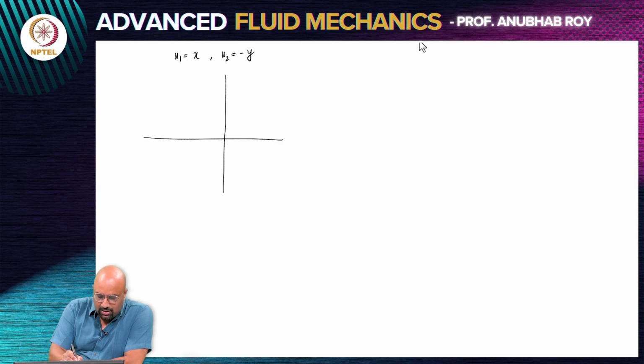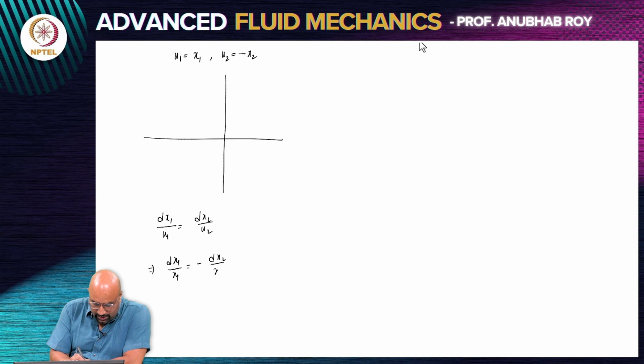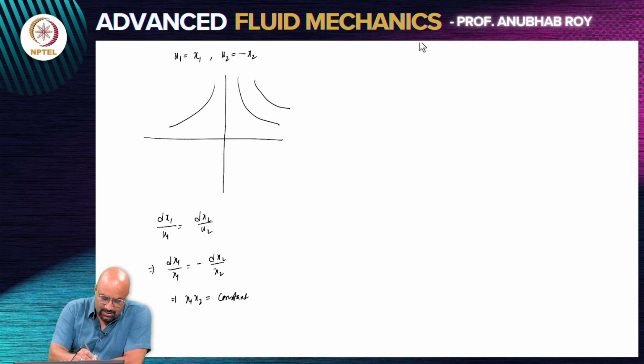When we worked out the pathline equation, we had dx1 by u1 equals dx2 by u2, and then we got dx1 by x1 is minus dx2 by x2, and the final answer was a family of rectangular hyperbolas. So we got this in the previous class.